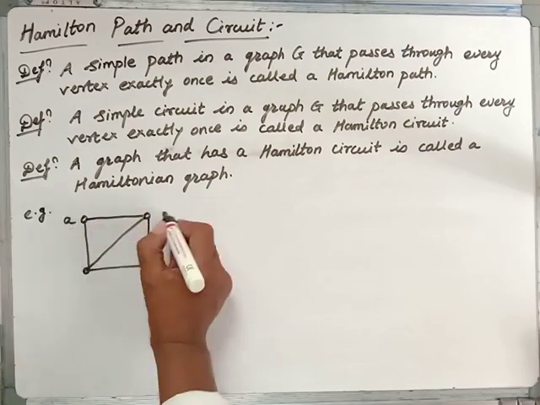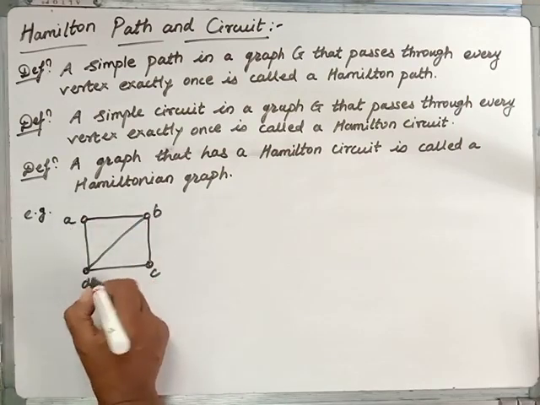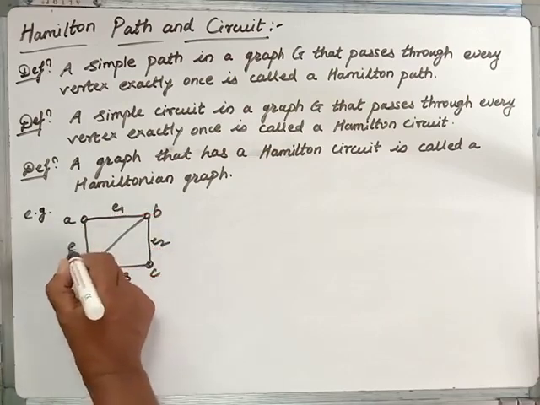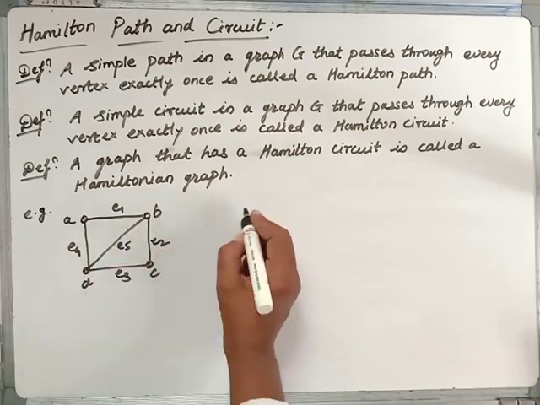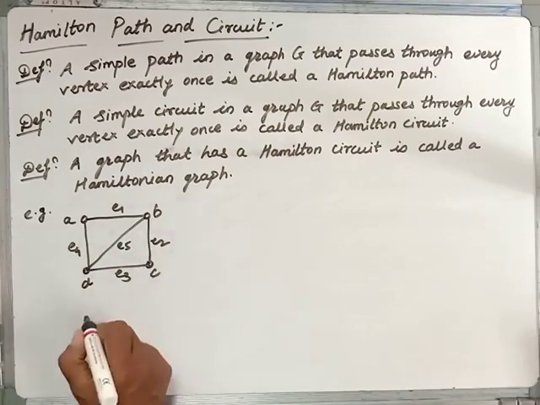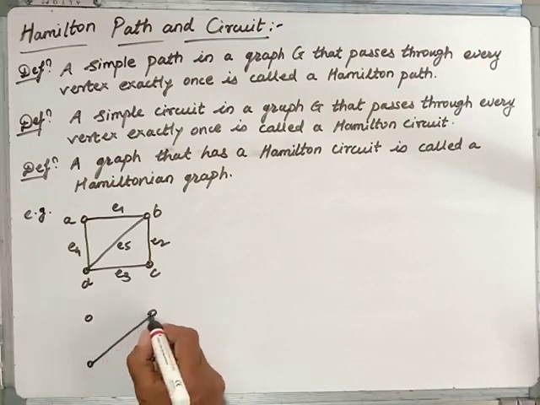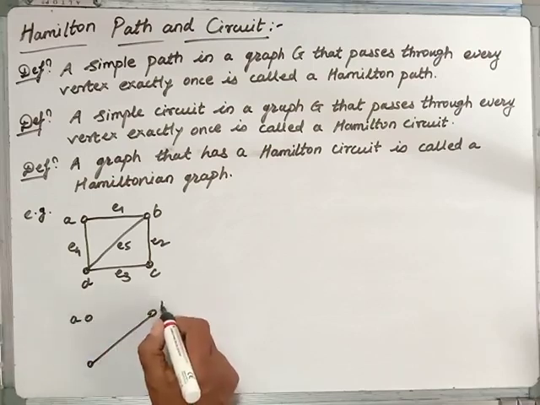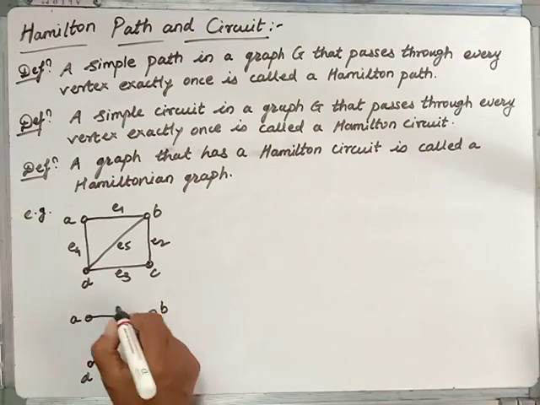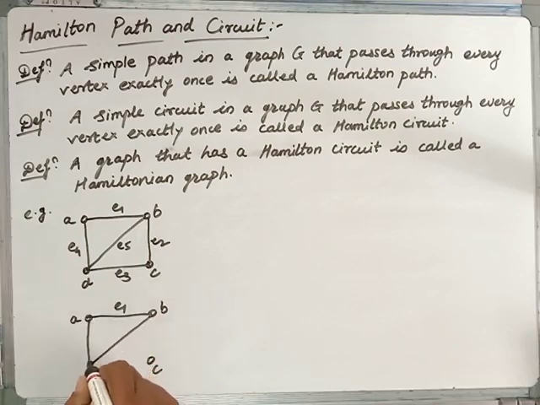This is, suppose, A, B, C, D, with edges E1, E2, E3, E4, E5. Now another one, let me draw here. Suppose A, B, C, D, with E1, E2, E3 and suppose E4.